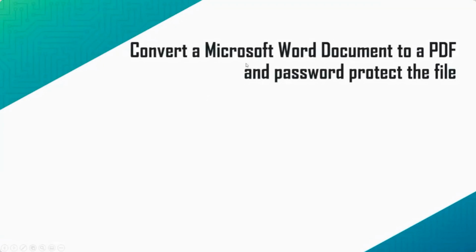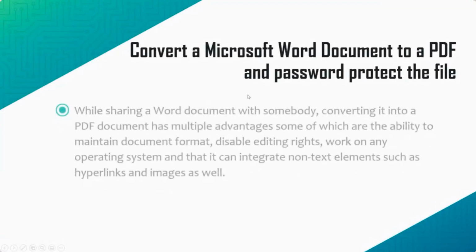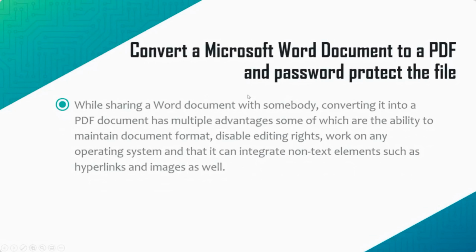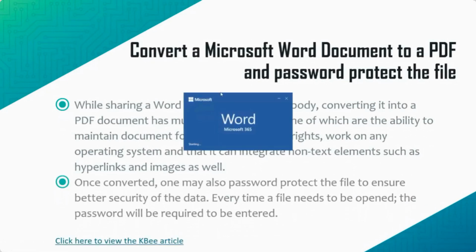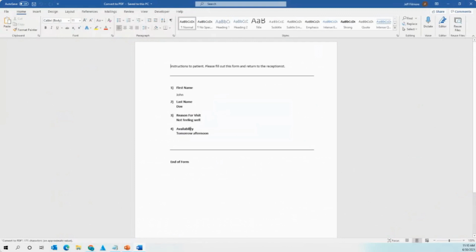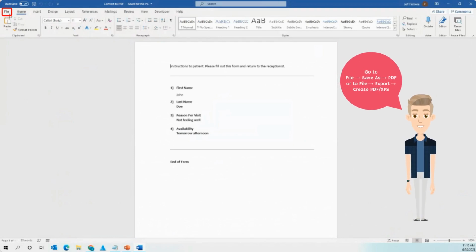All right, and here's another one. A lot of people get confused on how to convert Word documents to PDFs. There's a few ways to go about it, actually. So let's say I have a document and I want to convert this Word document to a PDF file. I could do it a couple ways.